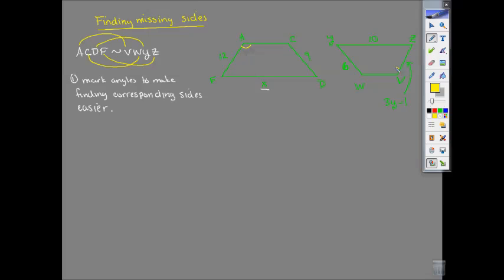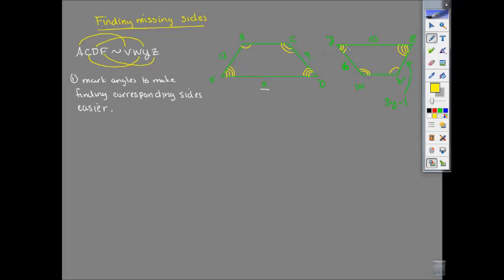A is the same as V. C is the same as W. D is the same as Y, and F is the same as Z. What that tells me is that AC is going to be similar to VW.